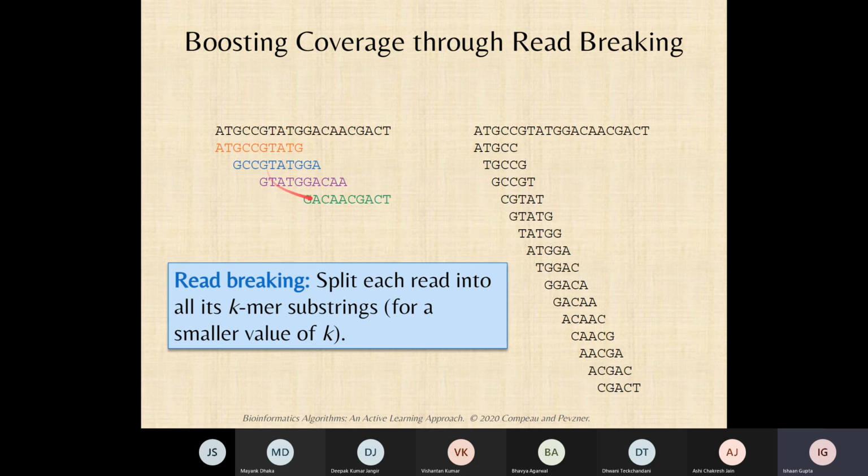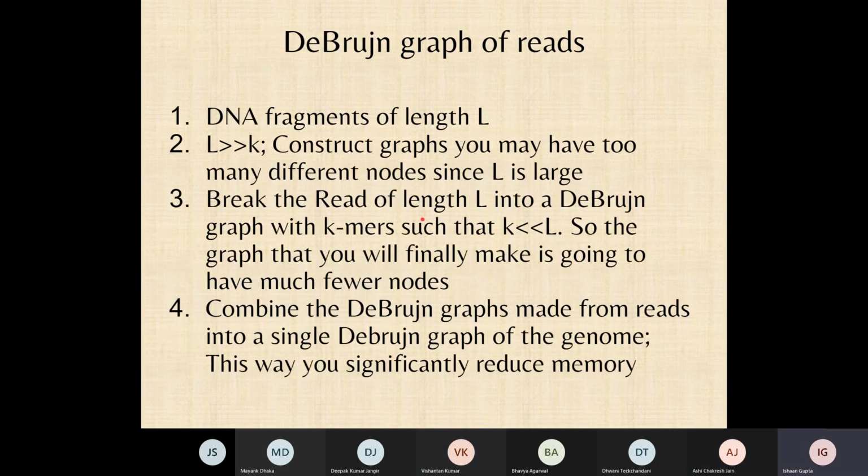However, the 10-mer composition of this DNA string is not complete, right? Because there is improper coverage of this particular DNA region. Is this clear? How we solve this problem? So we artificially break the reads. Yes, that's clear. Correct. All right.